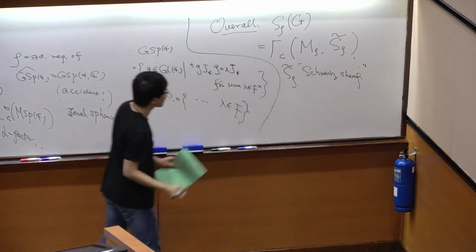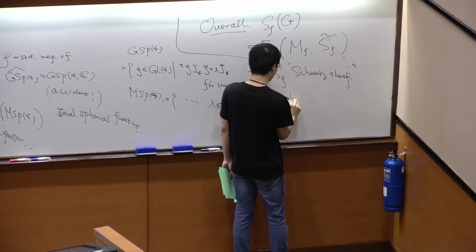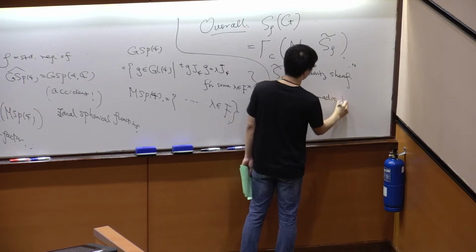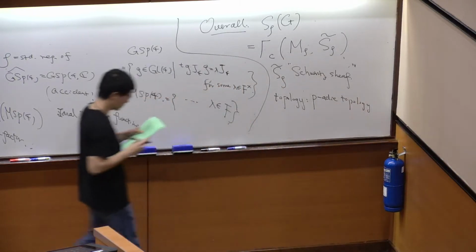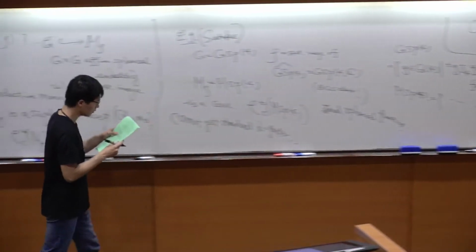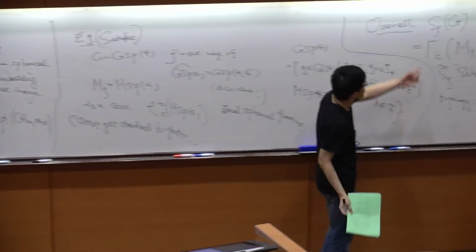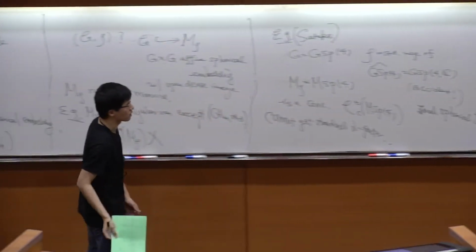And here the topology that we use is the p-adic topology. Okay. In other words, as we can imagine, the functions in the Schwartz space should be described by their asymptotic behavior near the singularities.